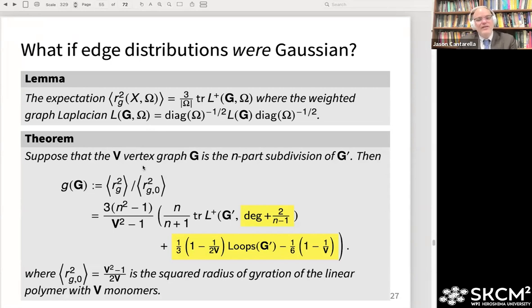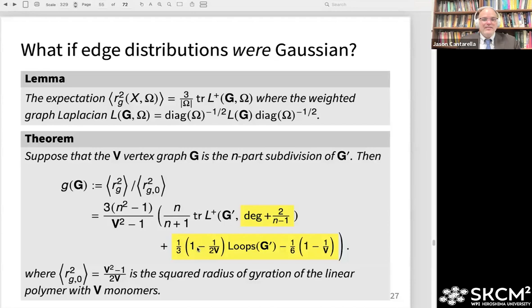How does this exact formula go? Well, it involves a weighted graph Laplacian. Here, we take the ordinary graph Laplacian and we multiply on the left and right by diagonal matrices of weights, of course, on the individual vertices. And we take the trace of the pseudo-inverse of the weighted graph Laplacian.